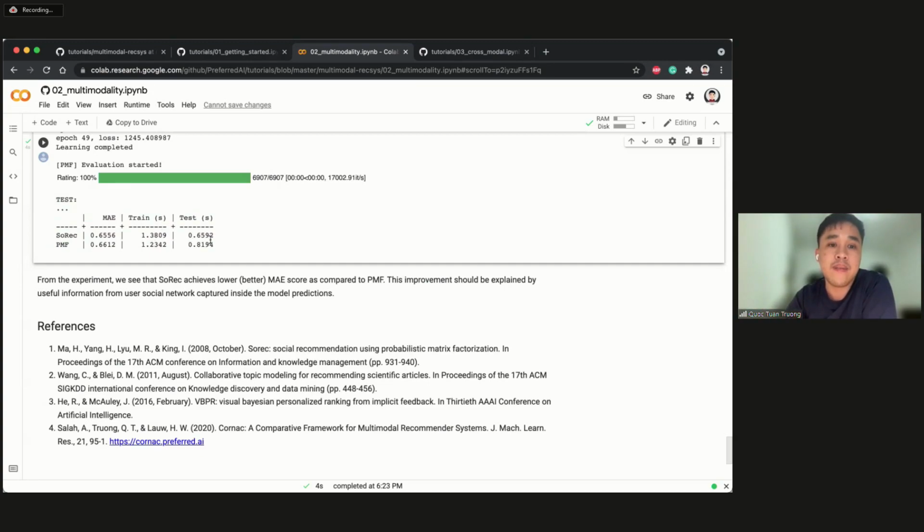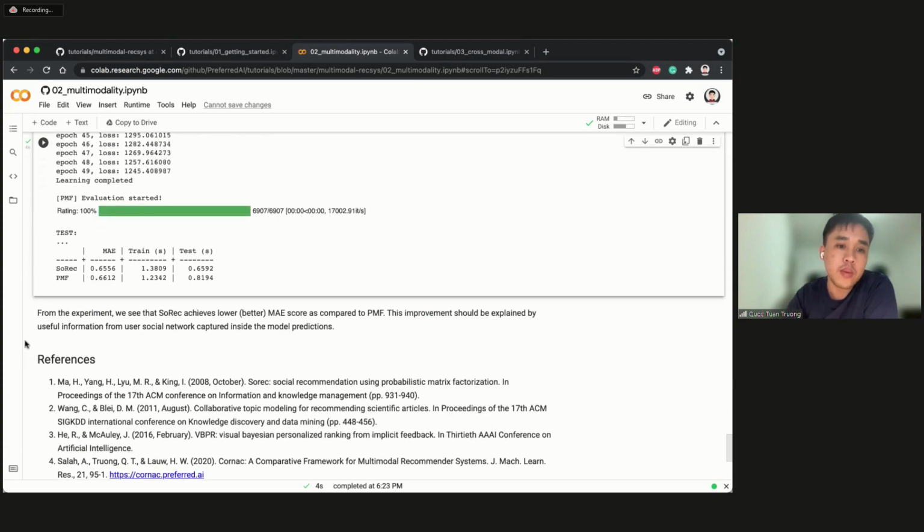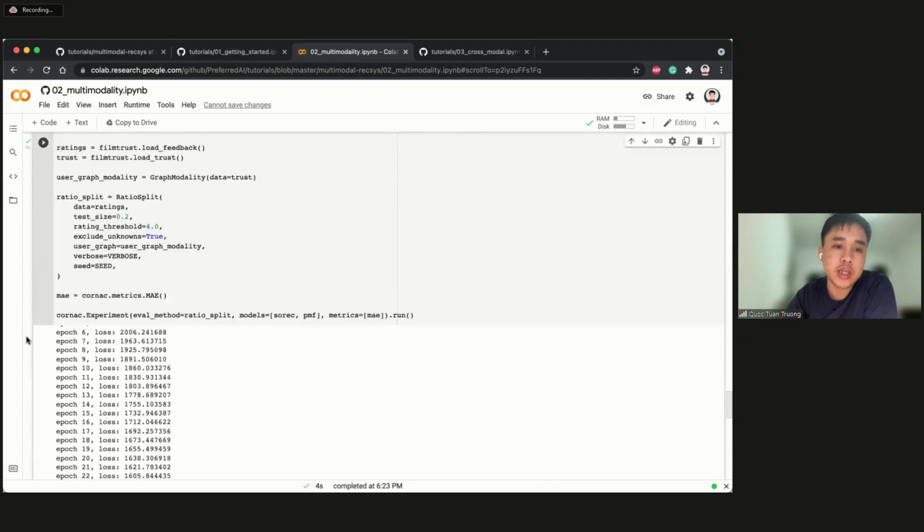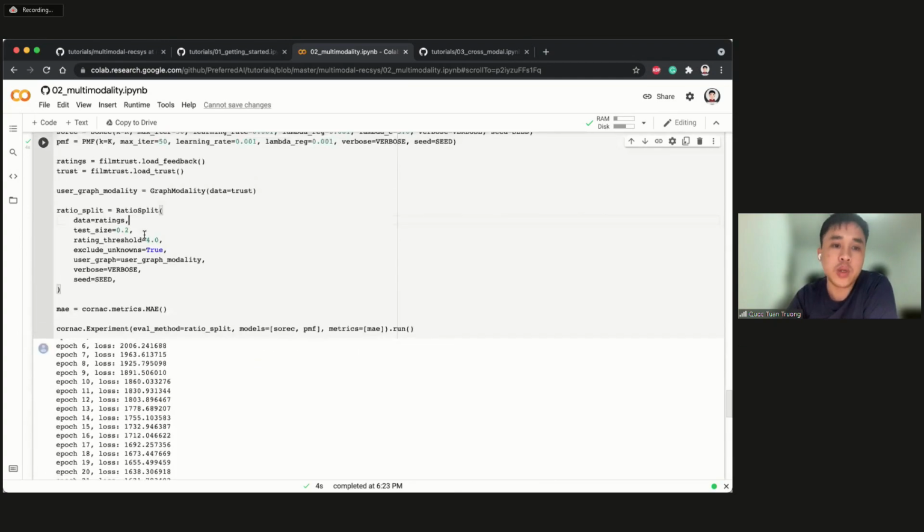Did you conduct any analysis on underfitting or overfitting of the model? Can you repeat it again? Did you conduct any analysis on the model evaluation, for example, if it's overfitting or underfitting on the data set? In this particular case, we don't have that analysis clearly, but inside this ratio split, for example, you can specify the validation size.